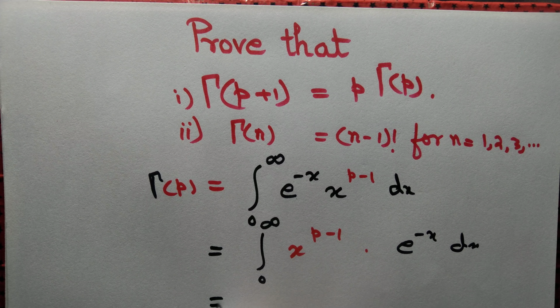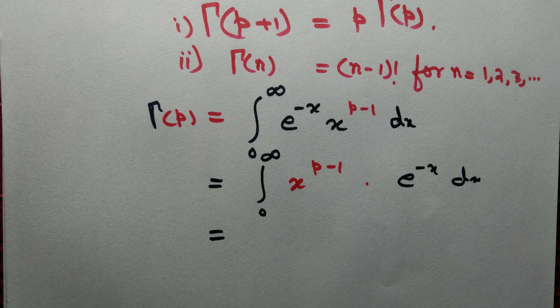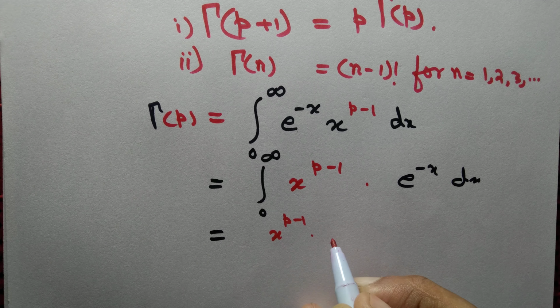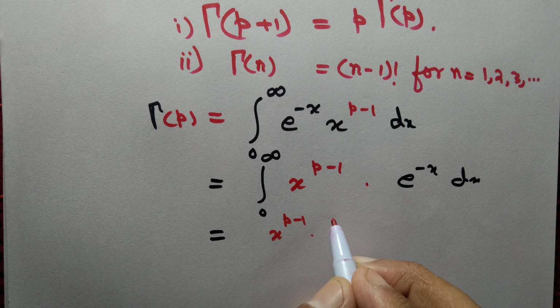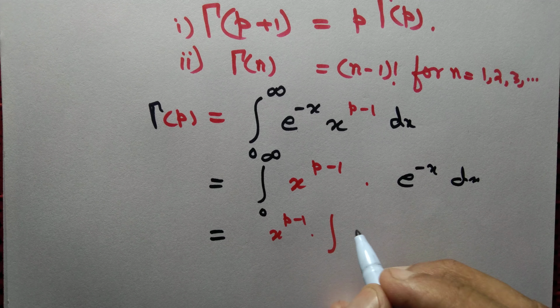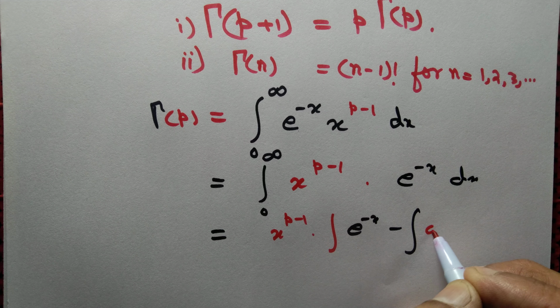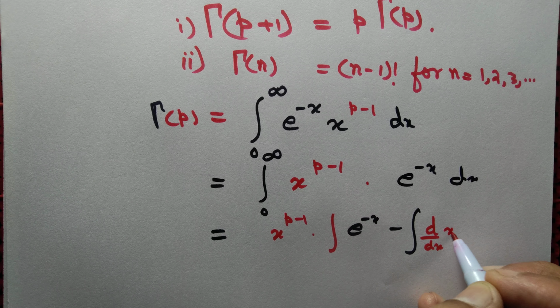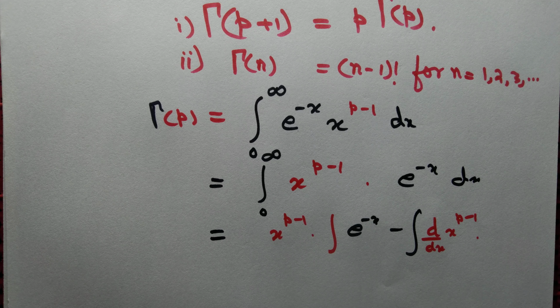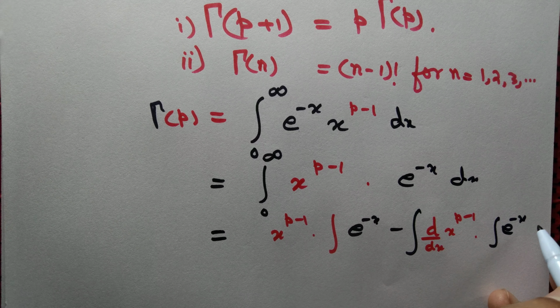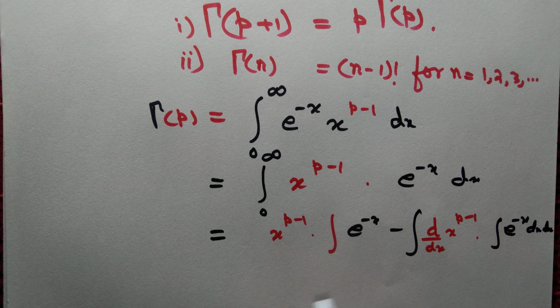By integration by parts: first function as it is, into the integral of the second function, minus the integral of the derivative of the first function, d/dx of x to the power p minus 1, into the integral of e to the power minus x dx. We need to do it twice.